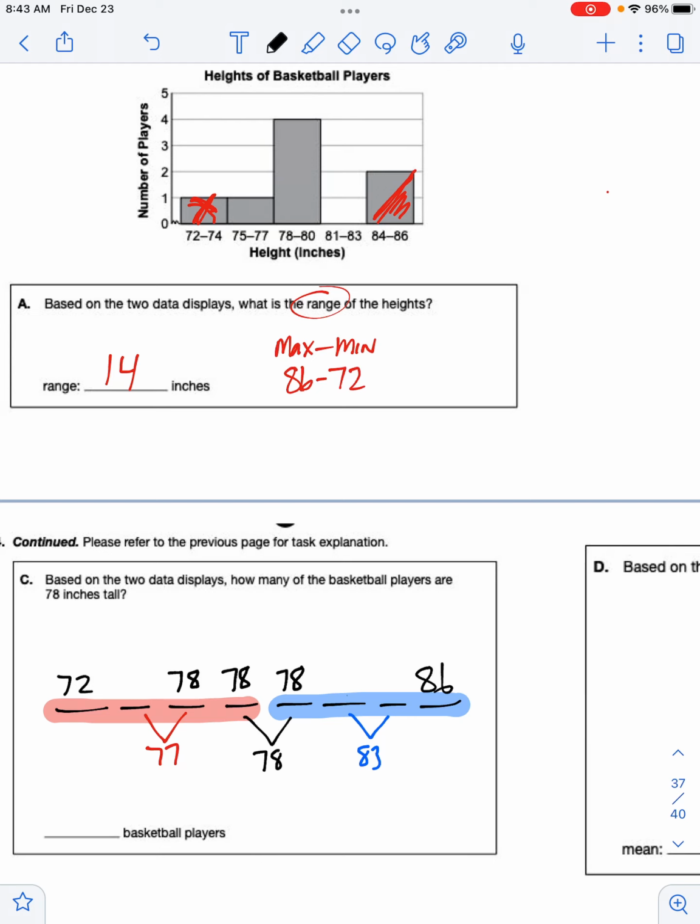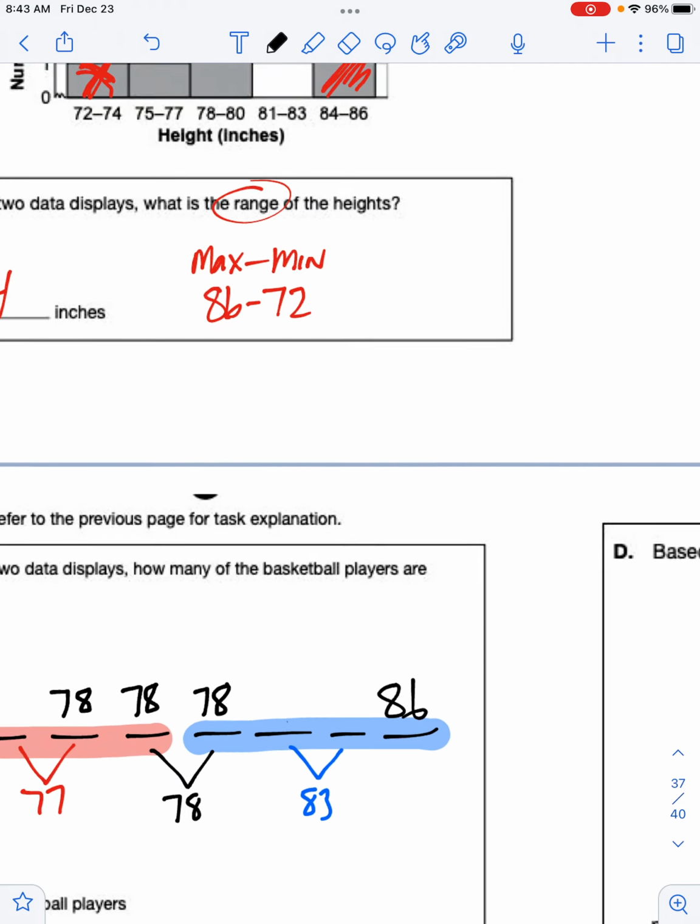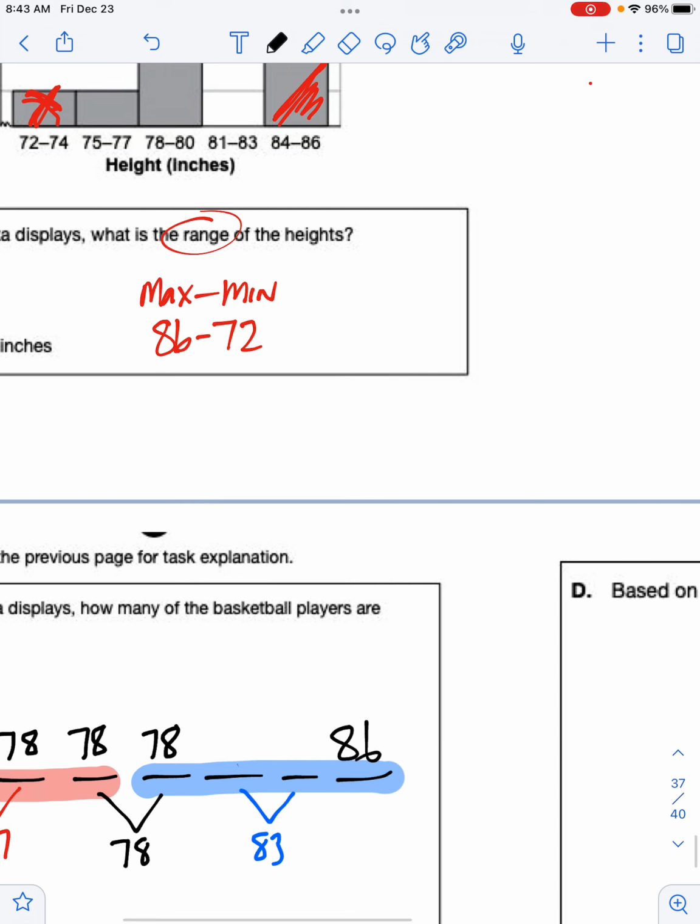Now if we try to figure out what numbers we can get to here, 80 is the highest we can go, so 80 and 86 would have to average to 83, so that pretty much locks in these 2 numbers.